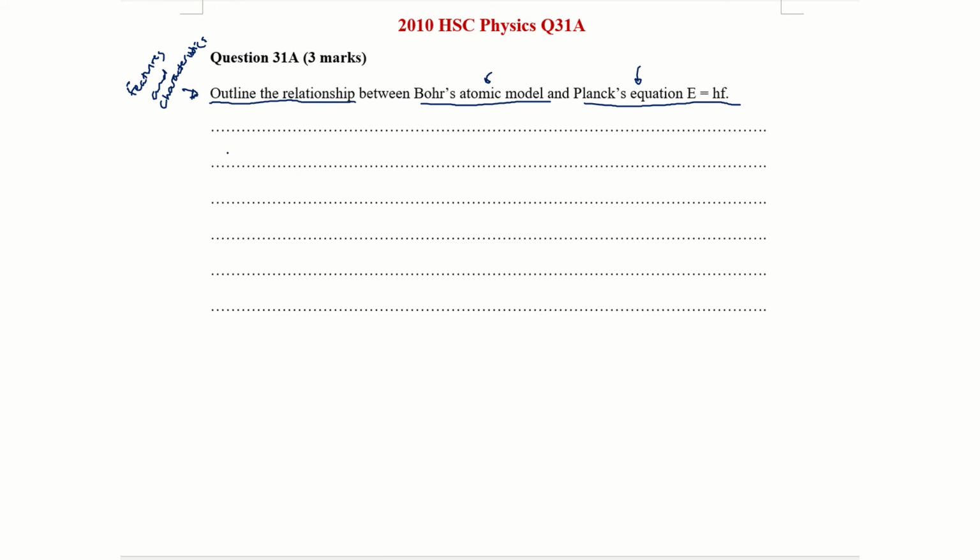So the first point we can point out is that Bohr's atomic model first proposed that we have quantized electron shells.